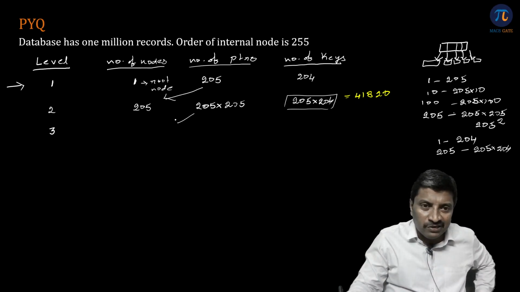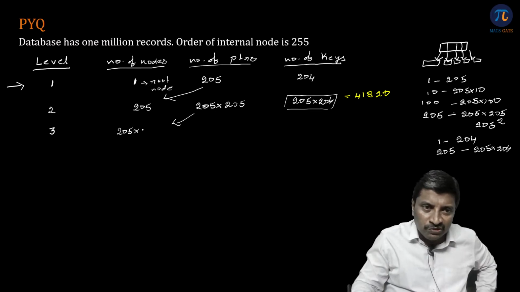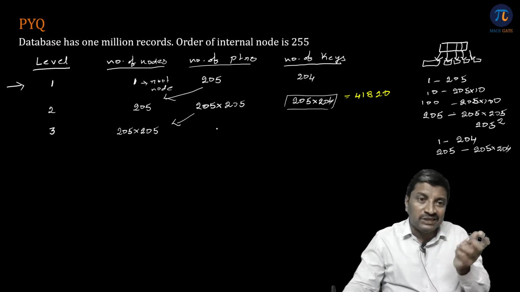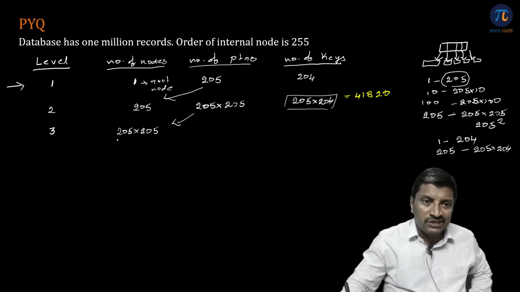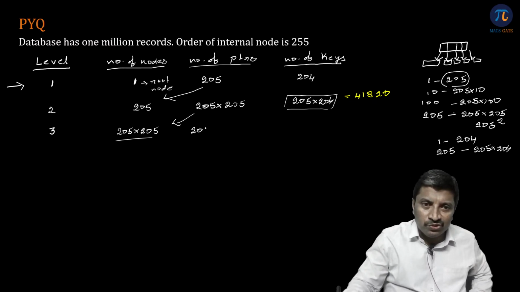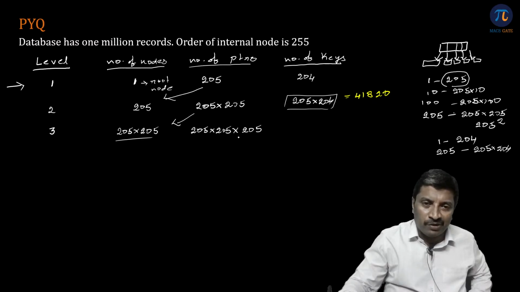What is the number of pointers? 205 into 205. How many pointers in each node? One node has 205 pointers. So the number of nodes is 205 into 205, and every node has 205 pointers. This is the total number of pointers.